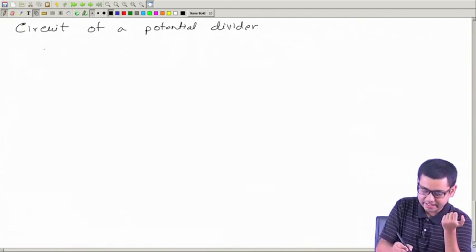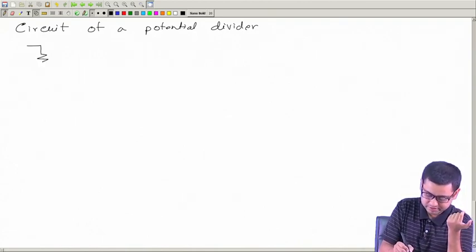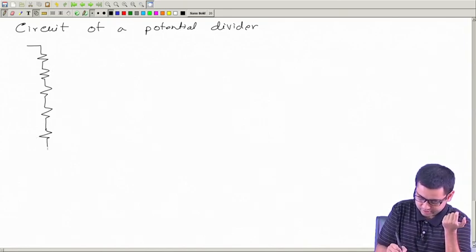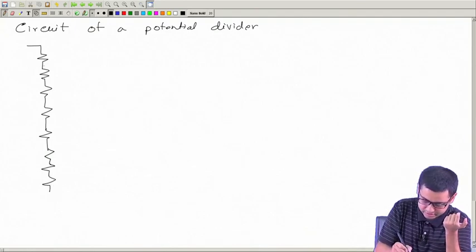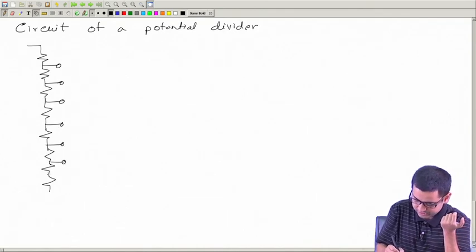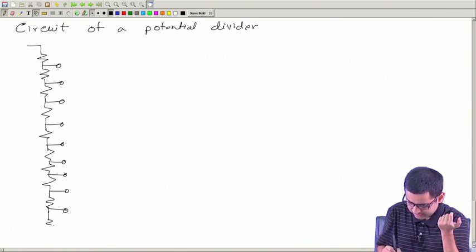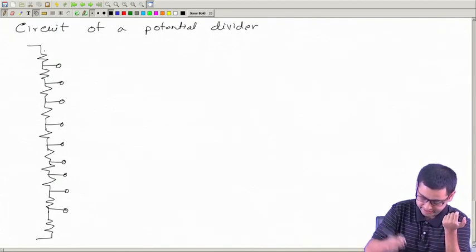So, this is basically a resistive divider. It's very simple. It's a set of resistances connected in series. Let me take, say, 10 resistances, 1, 2, 3, 4, 5, 6, 7, 8, 9, 10.